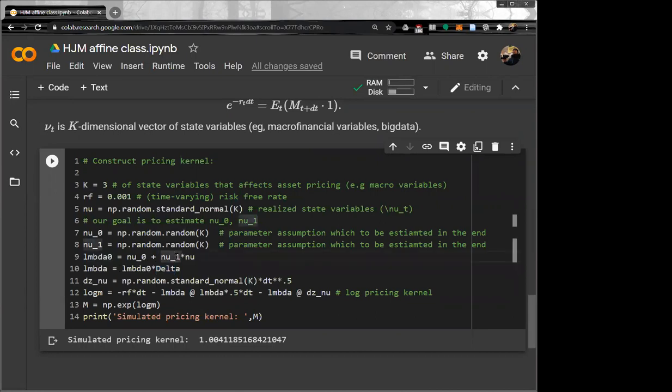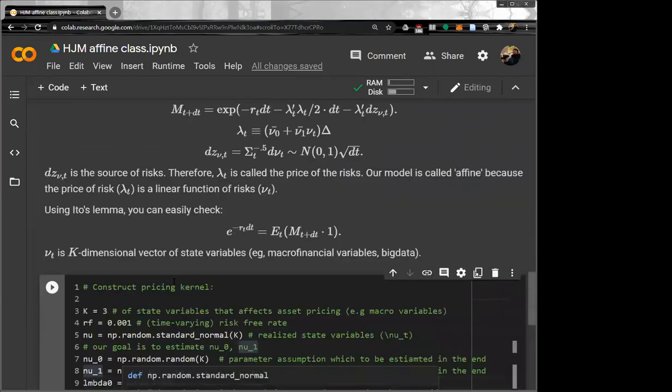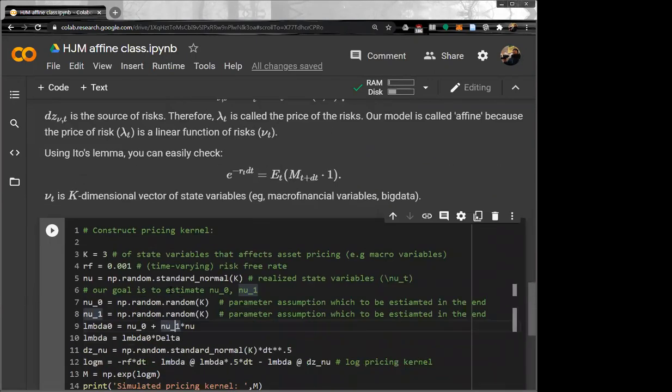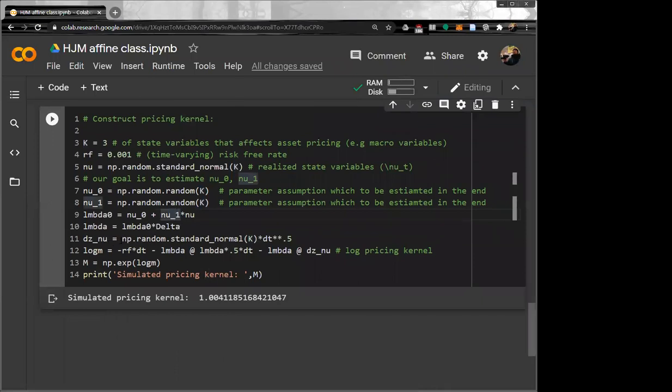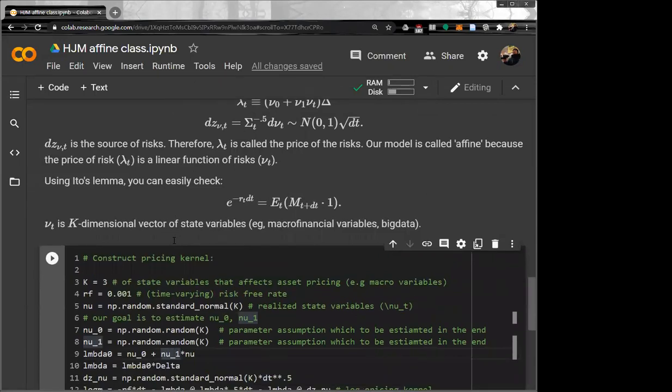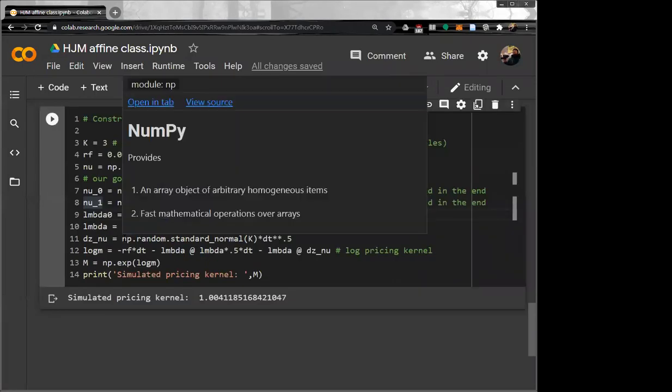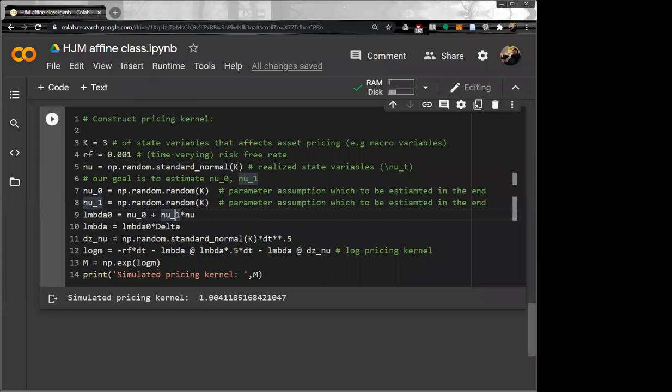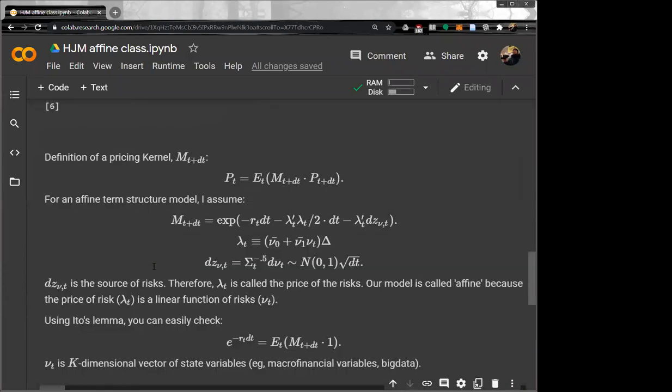Here I simply model delta over here, and dz_nu is basically this one. I simply assume this data, so I'm just assuming we know the data. And then log of M, basically this part.